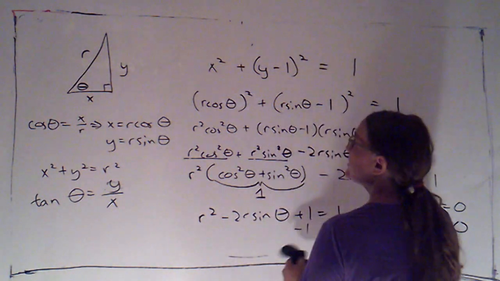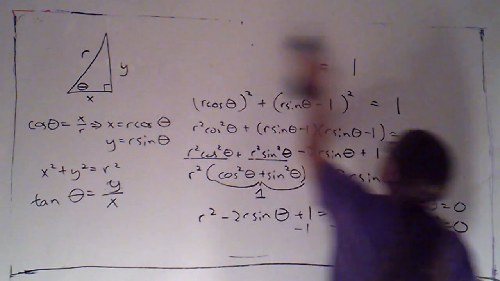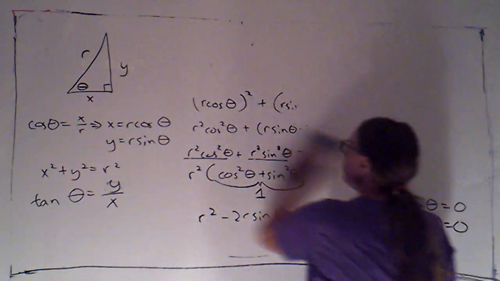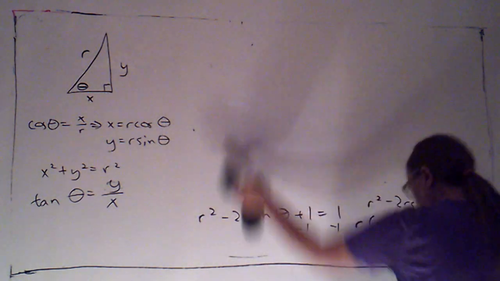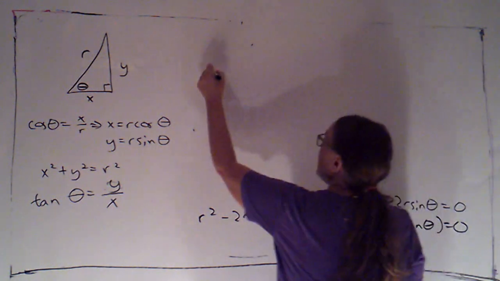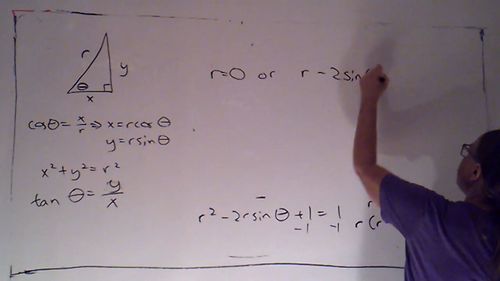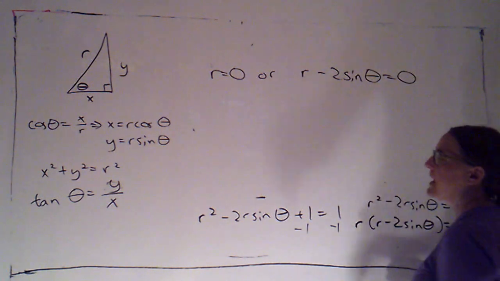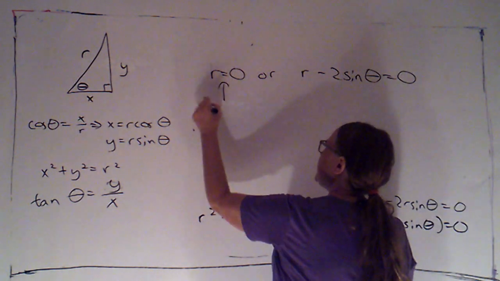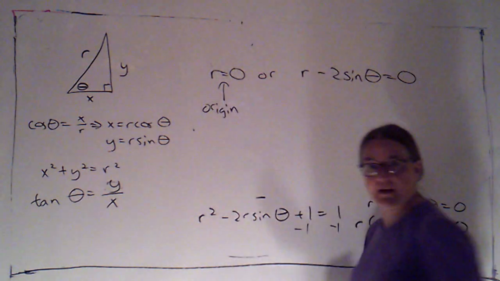So let's just take a look. Let me erase the top work here. Looks like once again we've got two options. R equals 0 or r minus 2 sine theta equals 0. R equals 0, that would be the origin. That's just a single point.